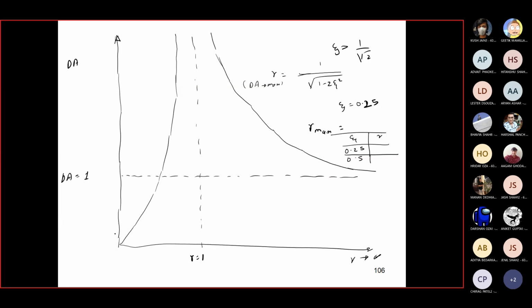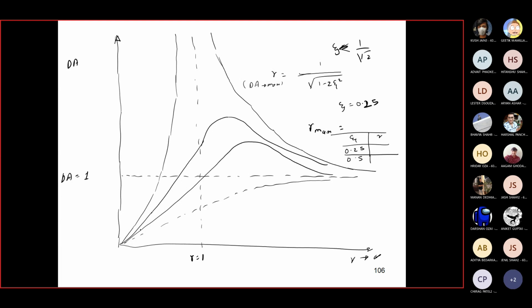All right. So as you can see, this value will go on increasing as you increase zeta, and these curves will shift to the right. And when zeta goes beyond 1 by root 2, these peaks will disappear and the curve will monotonically increase to 1.